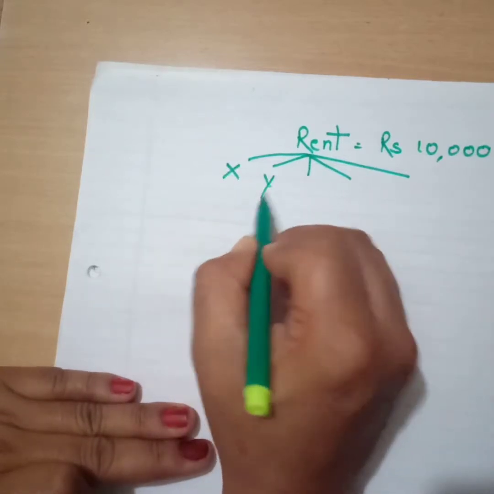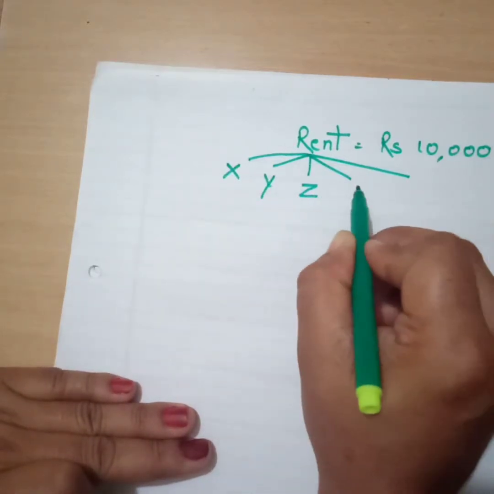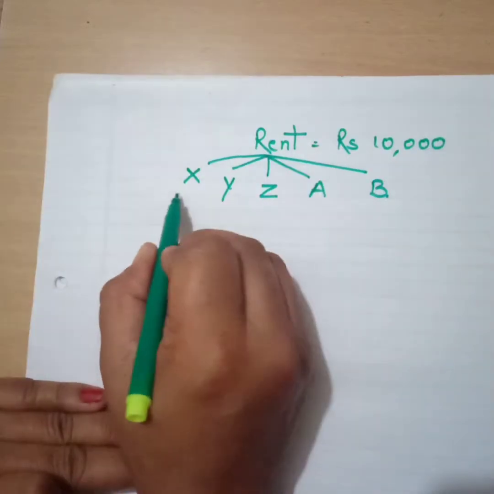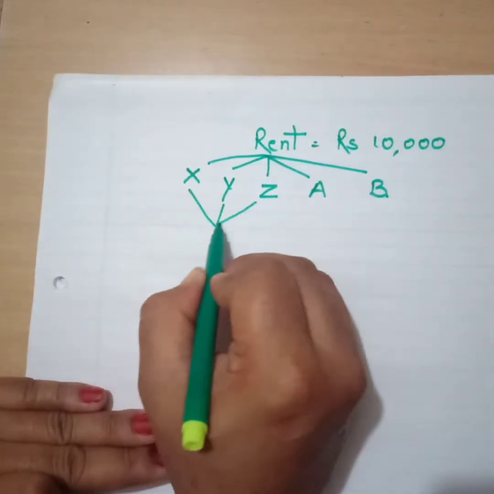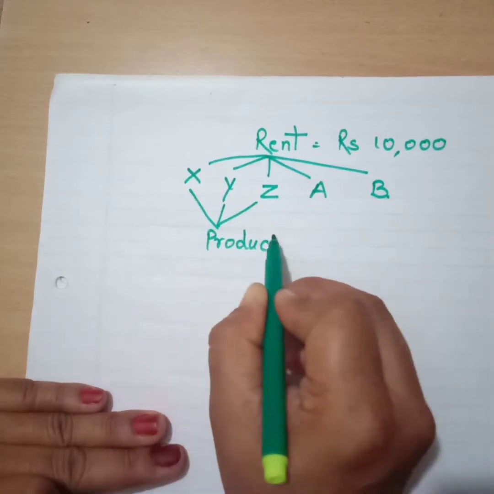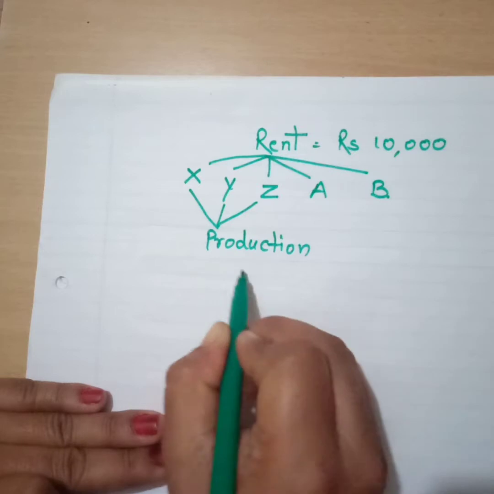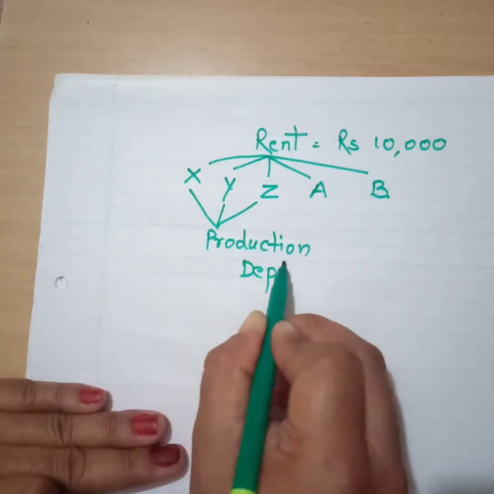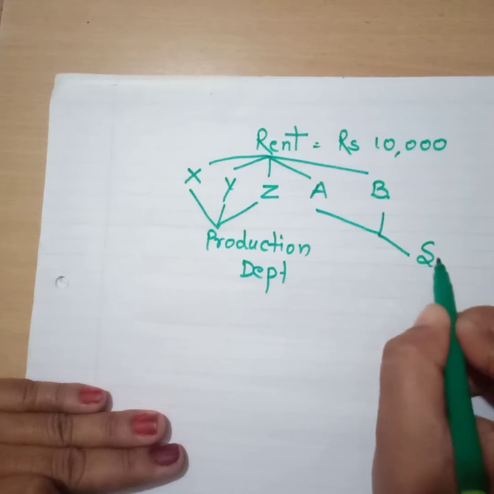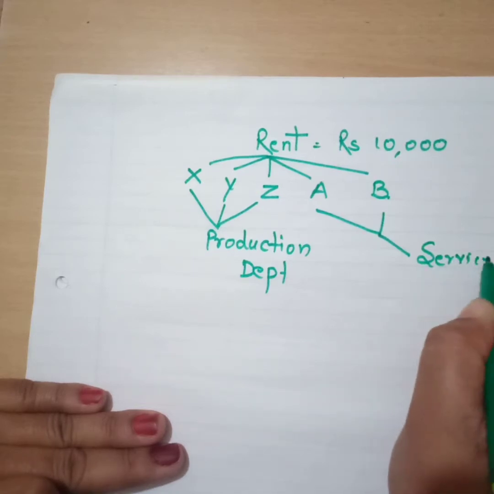X, Y, Z, A and B. X, Y and Z are your production departments. A and B are your service departments.